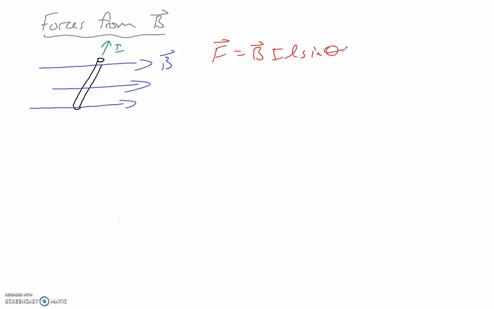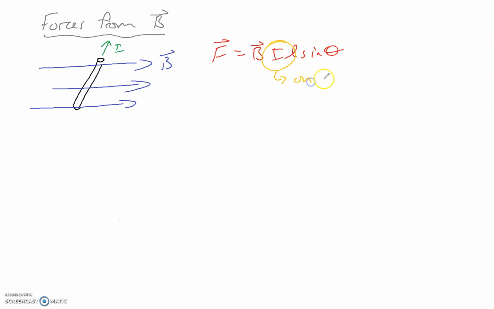Now, the thing is the force only existed when you actually had a current running through the wire. So we talk about the force being in the wire, but the force isn't actually on the wire itself. The force only exists when the current is flowing, which means the force isn't really on the wire.